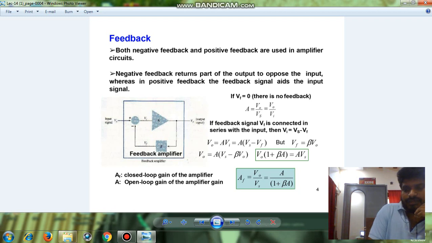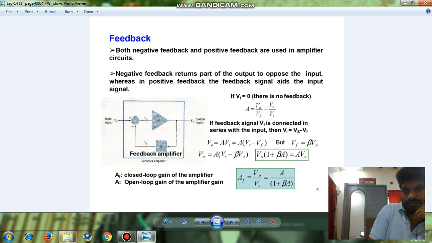If the feedback signal and the input signal are opposite to each other, that means they are out of phase, then that type of connection is called negative feedback. In a similar way, if the feedback signal and the input signal are in the same phase, then they add with each other, and that type of feedback gives positive feedback. There I'll draw the conclusion.